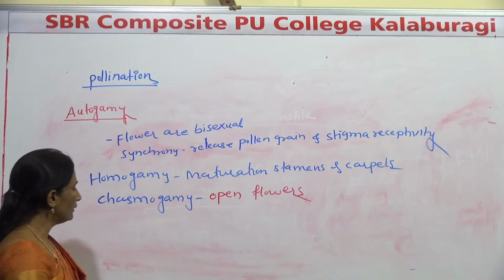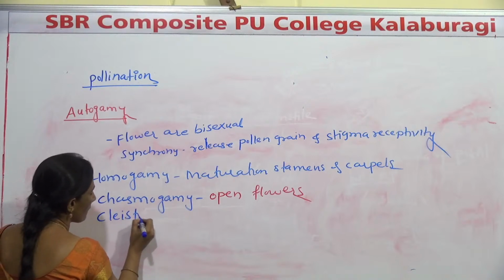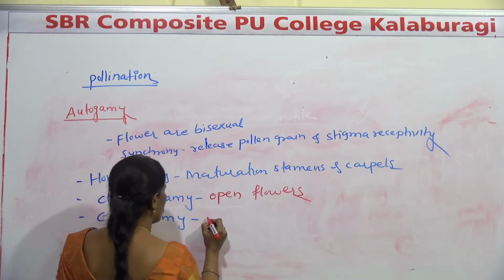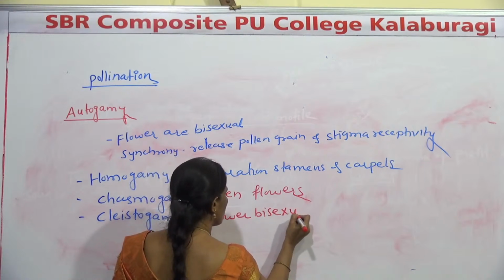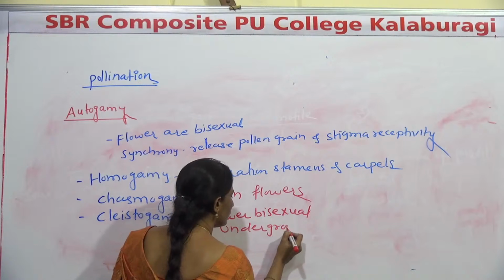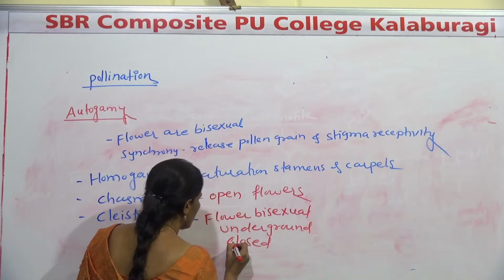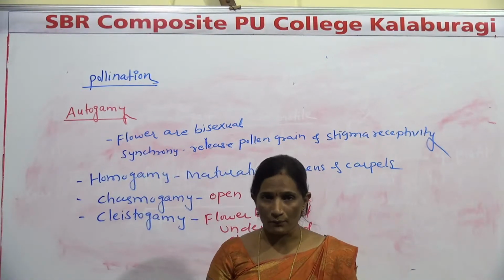Second one is cleistogamy. Flowers are bisexual, flowers are underground, flowers are closed. Closed flowers are called cleistogamous flowers.